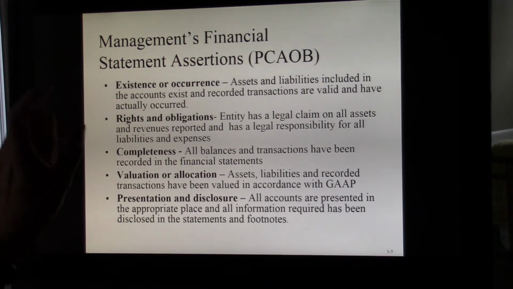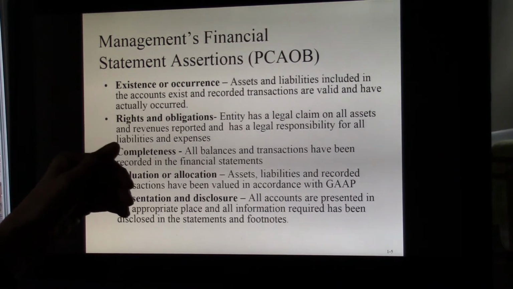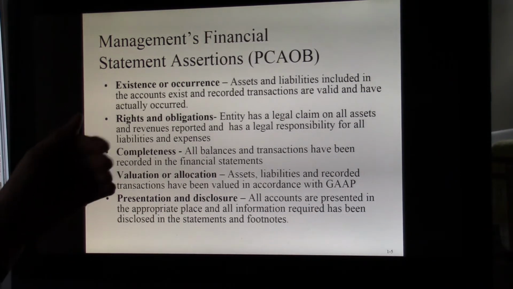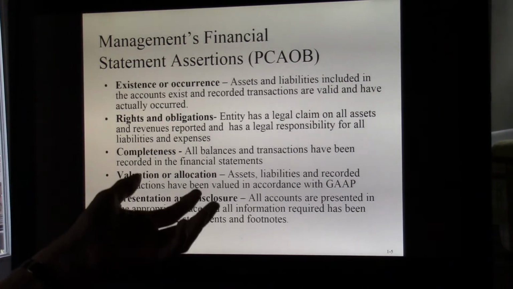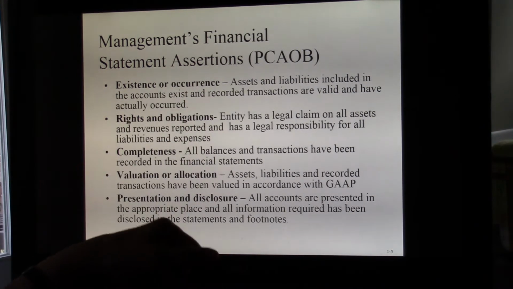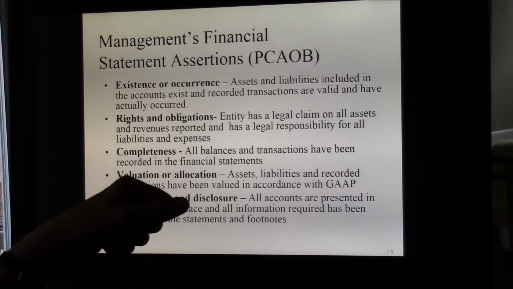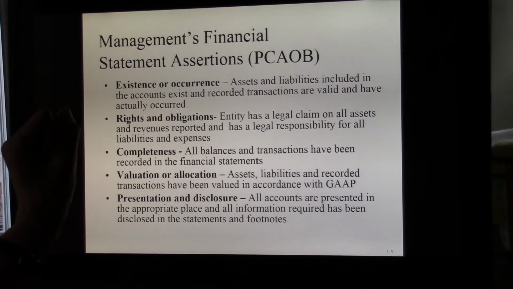However, that's not all they're asserting, really, when you think about it, because there are some dimensions that go into making that balance the account balance, right? For example, that cash exists, right?